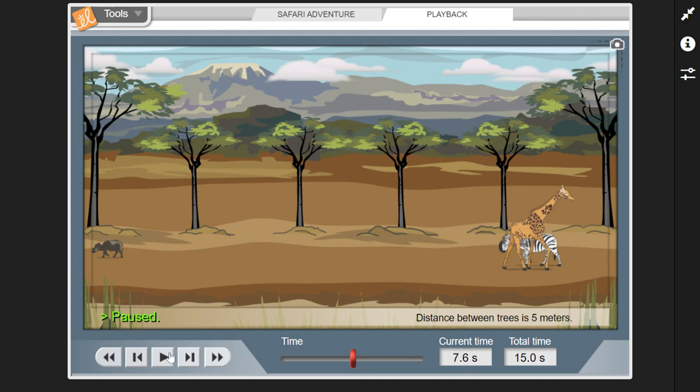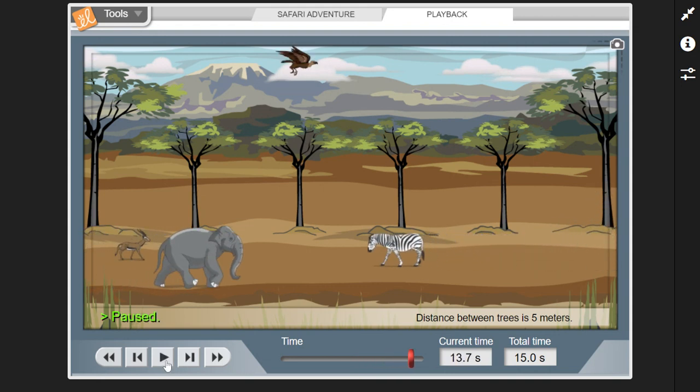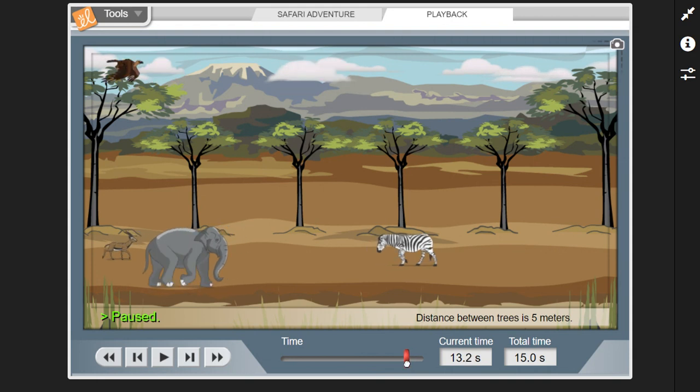Okay, let's see what other animals pop up. There's a vulture. So we're going to go back to that tree. So the beak is at the tree, which we're pretending is the 0 meter mark. We start at 13.3 seconds.